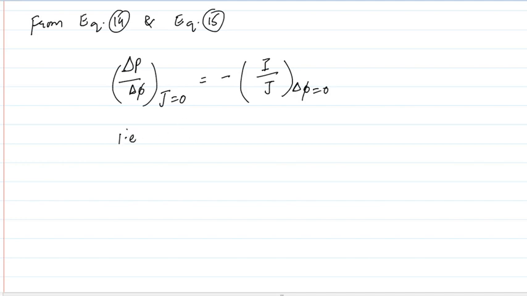That means we can simply say the electro-osmotic pressure is basically equal to the negative of streaming current.